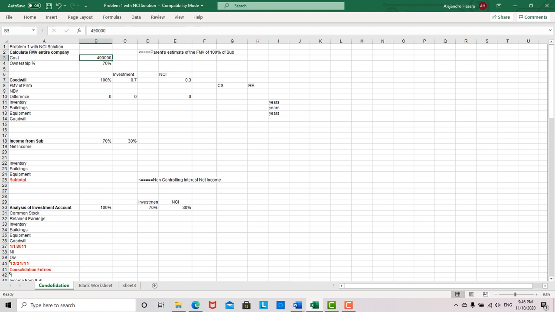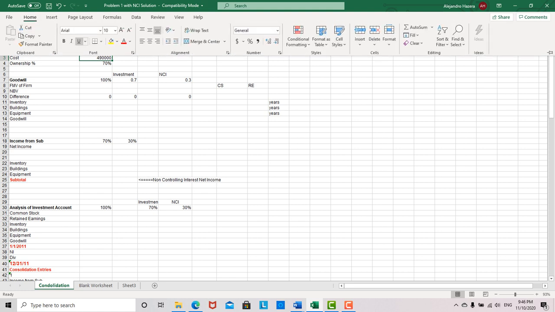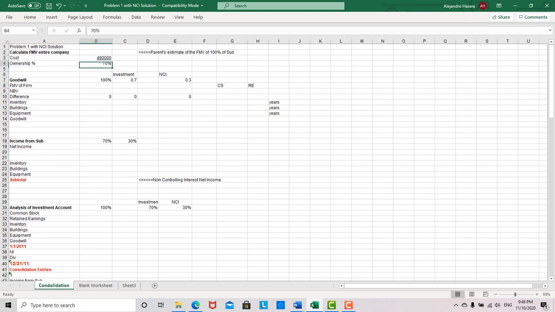Now, logic has it that if the parent thinks 70% of the subsidiary is worth $490,000, that's what they're paying for it. If you take $490,000 and divide by 70%, that should give you what the parent thinks the company is worth.